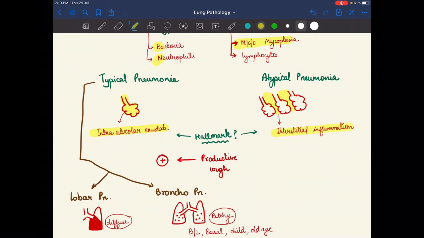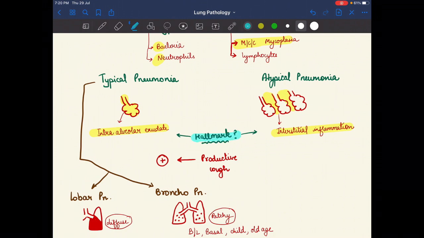For atypical pneumonia, it is interstitial inflammation, meaning it is outside the acinus, in between the acini. So interstitial inflammation is seen with atypical pneumonia, while intra-alveolar exudate is seen with typical pneumonia. And these are the hallmarks of pneumonia.